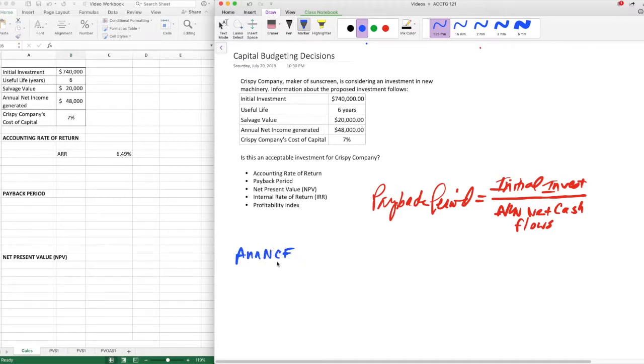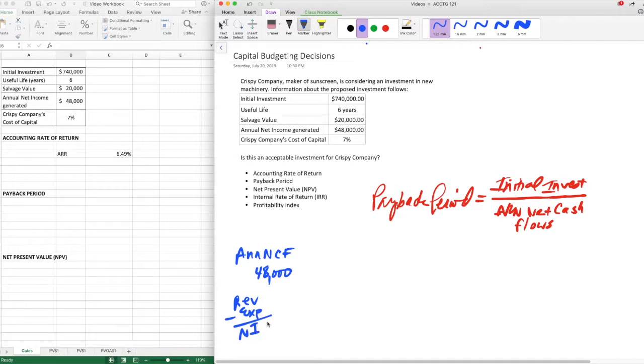We know that this is going to give us a net income of $48,000. But if you remember, when we look at revenues minus expenses, we get net income.